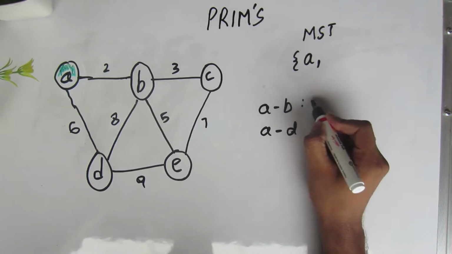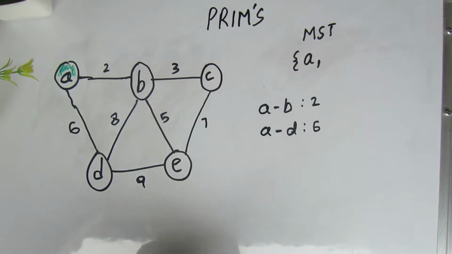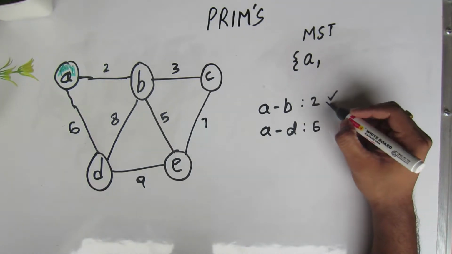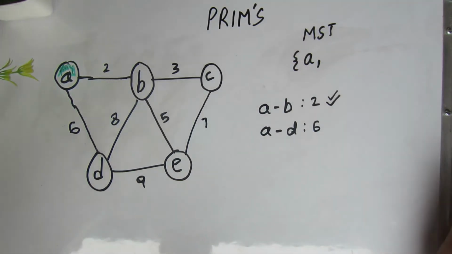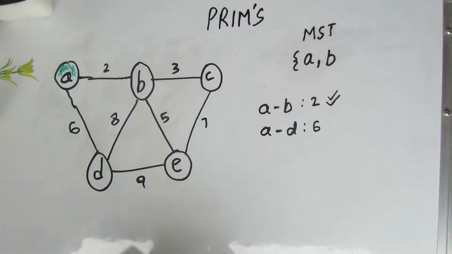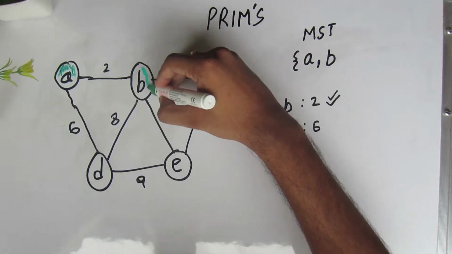Now let's consider the weights as well. The next step is to find the minimum edge which has the least cost. It is very obvious that A to B is the least. Let's choose B as our next node. We will put B in our global set as it has become part of the minimum spanning tree, so we mark it as visited.